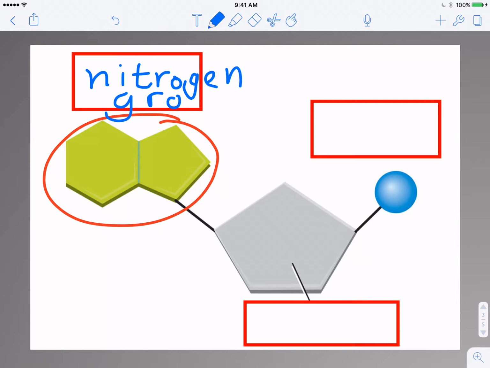Okay, this is our base, if you will. What we have right here, this is our phosphate group.